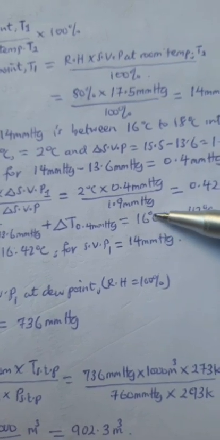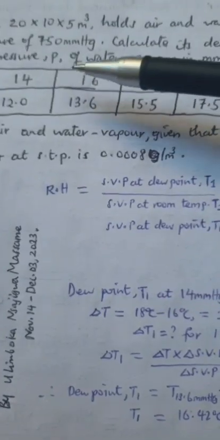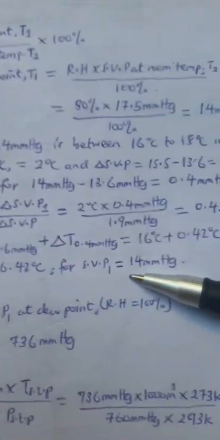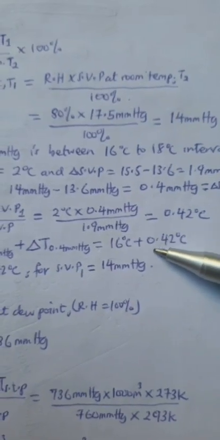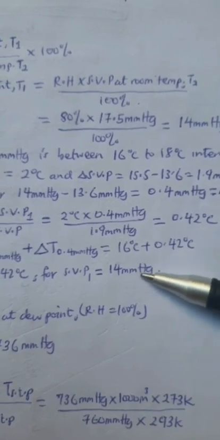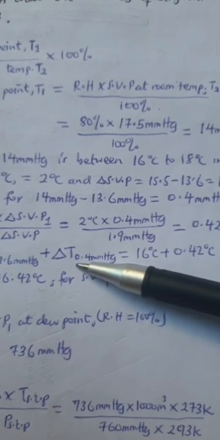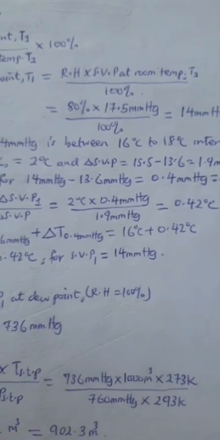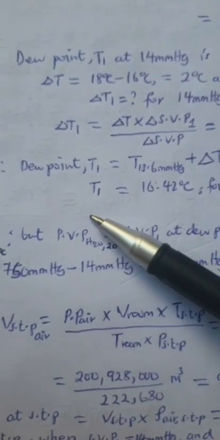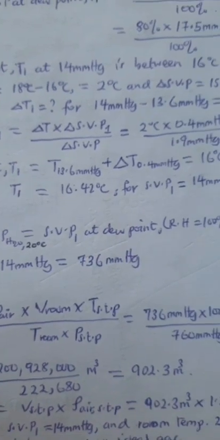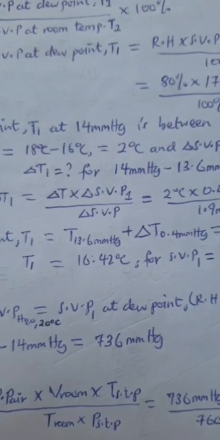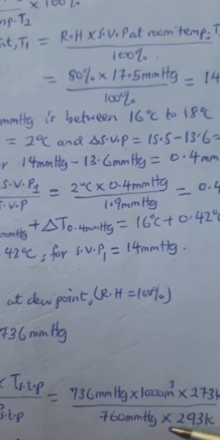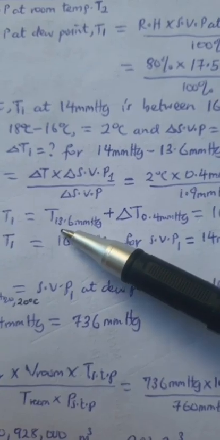That is equal to 16 degrees Celsius from the respective saturation vapor pressure plus this additional interval of 0.42 degrees centigrade. Now our dew point T1 is equal to 16.42 degrees centigrade for the saturation vapor pressure of 14 millimeter height of mercury. You can see even the small mathematics in sub.